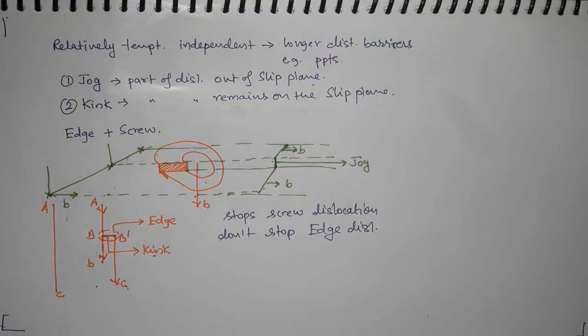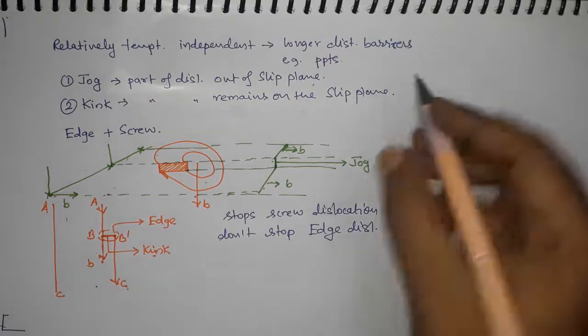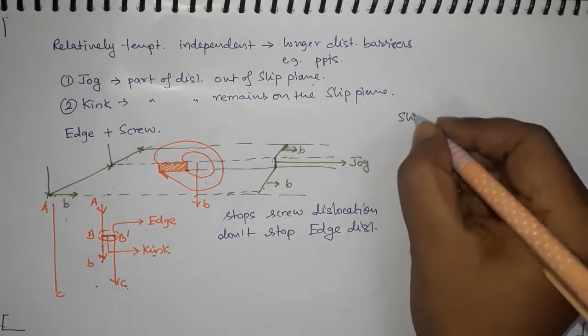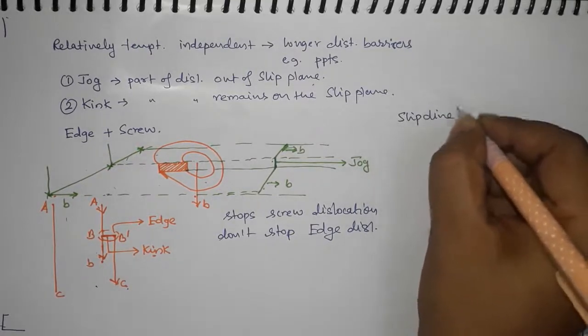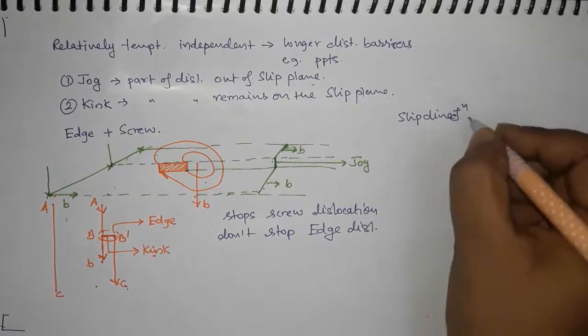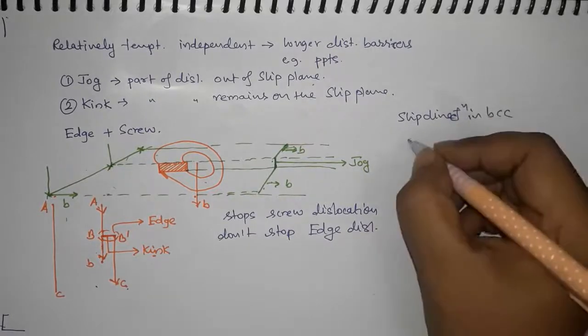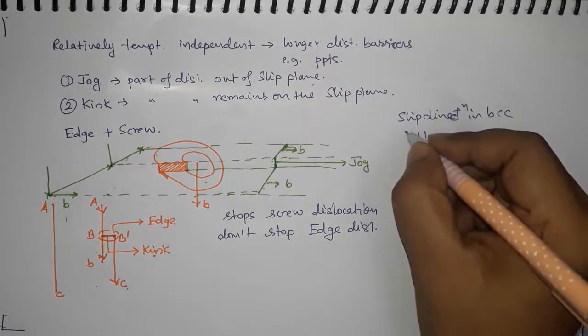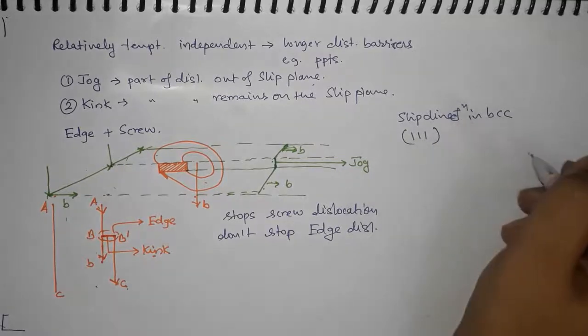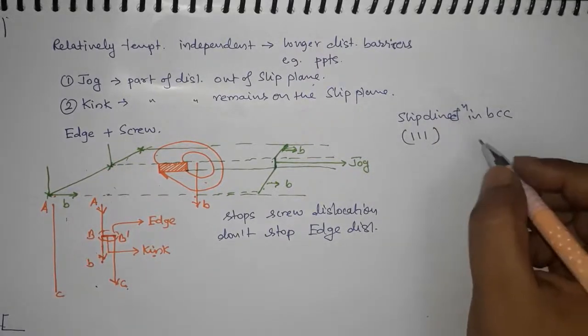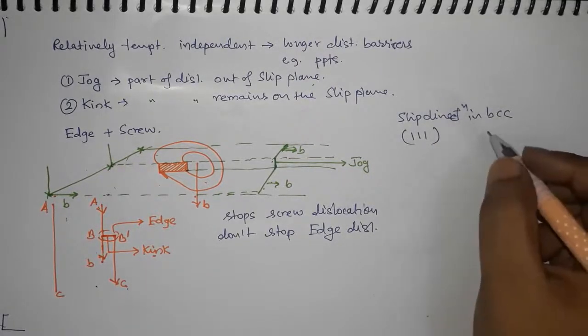In BCC, the slip direction is 111, but there are many planes on which slip can occur.